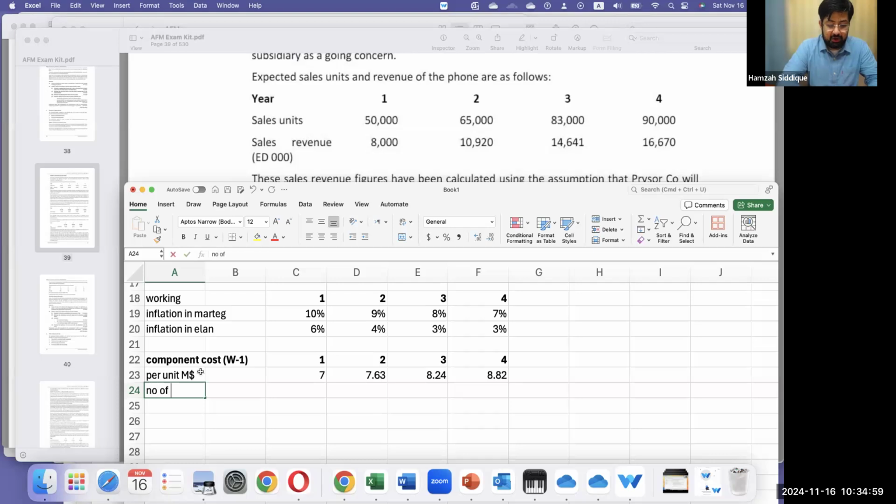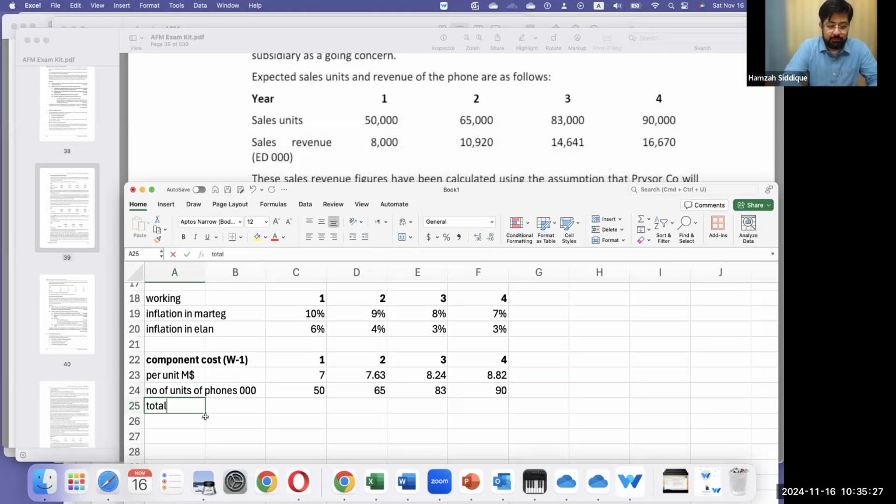Yes. So number of units of phones, 3-digit round off: 50, 65,000, 83, and 90.